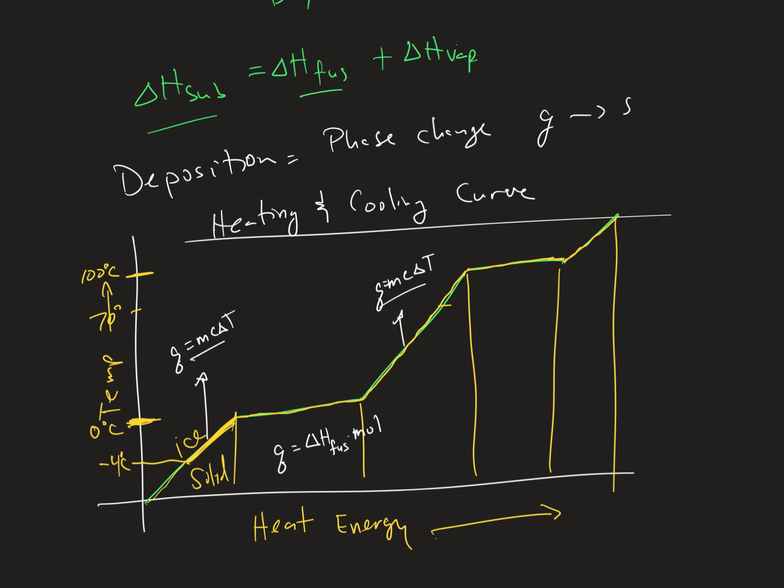So you have to convert grams into moles and then use this value. So whatever you do, make sure you look at the units to make sure they all cancel out, right? Same as everything. And then this one right here would be Q equals delta H of vaporization times the number of moles.